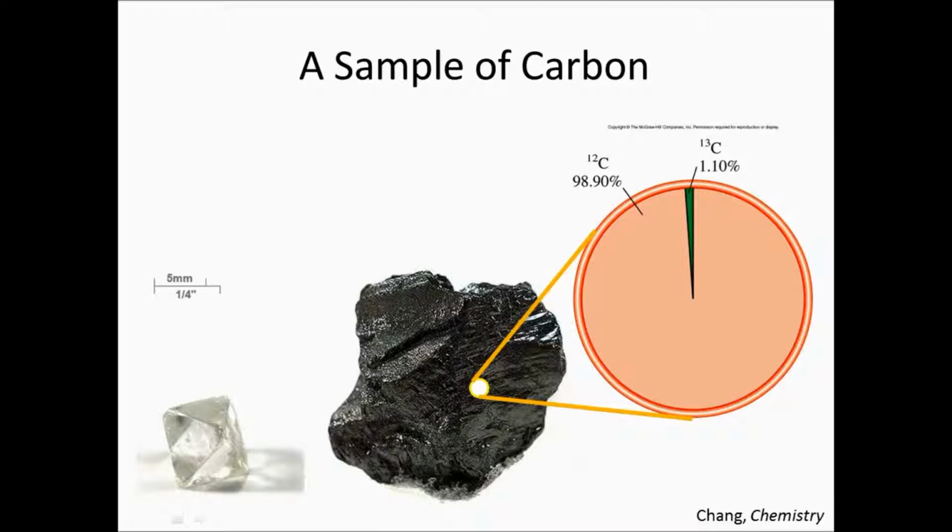So what we have here is the percentage of atoms of each isotope, and that is called its abundance.